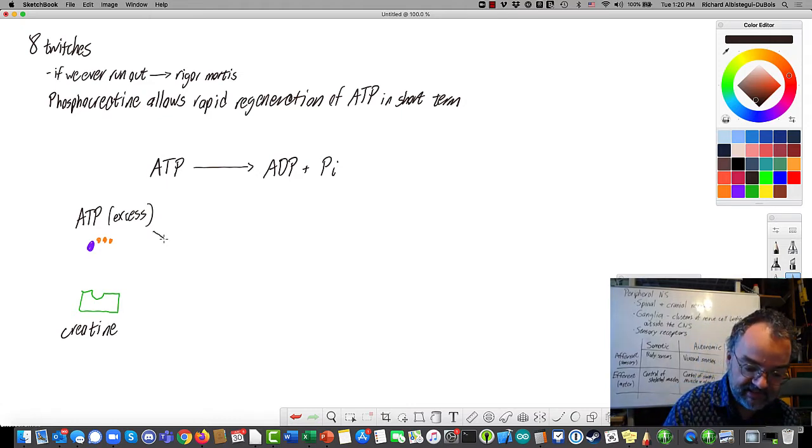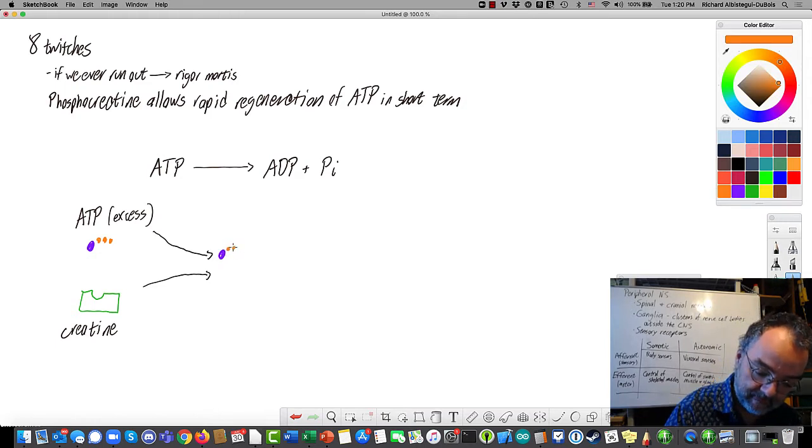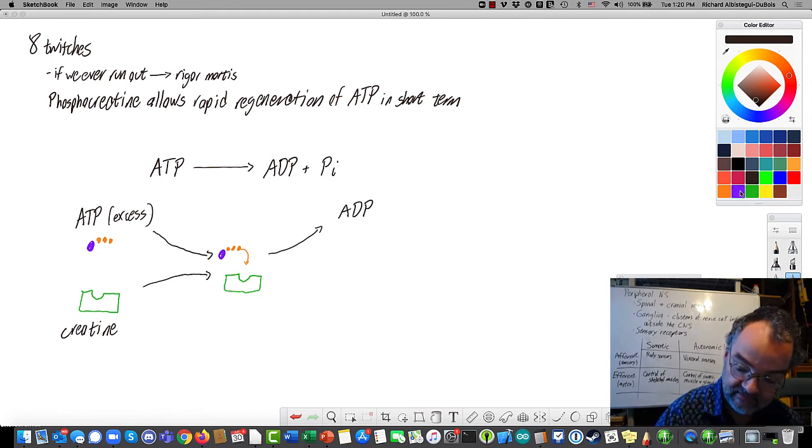And if you bring these together with the right enzyme, we can transfer one of those phosphates to the creatine. So one of our 3 phosphates gets moved to the creatine, and we come away as ADP and phosphocreatine.